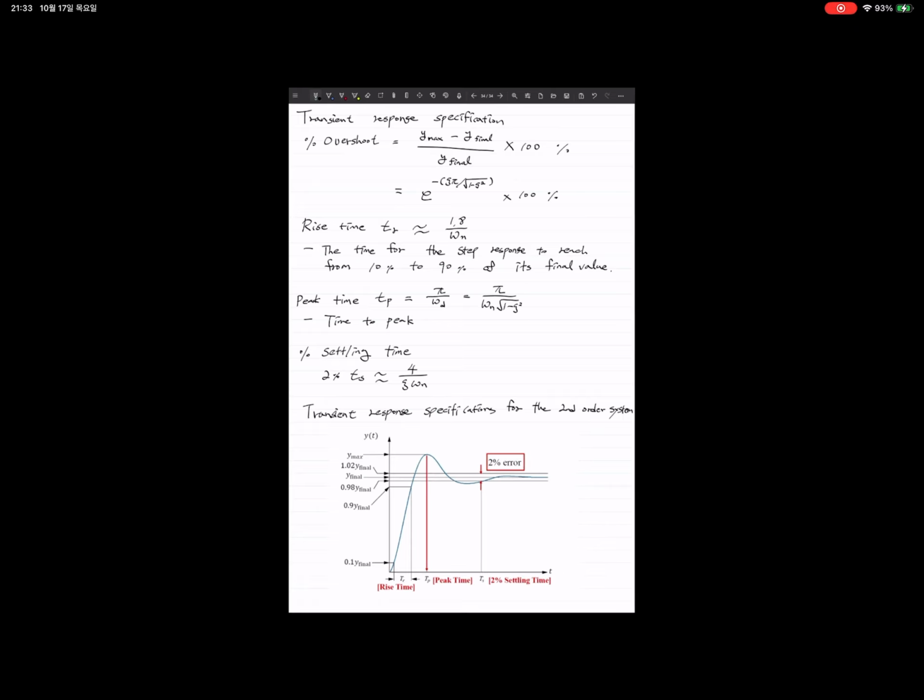Let's look at this figure, the transient response specifications for the second order system. So there is a y max and y final.